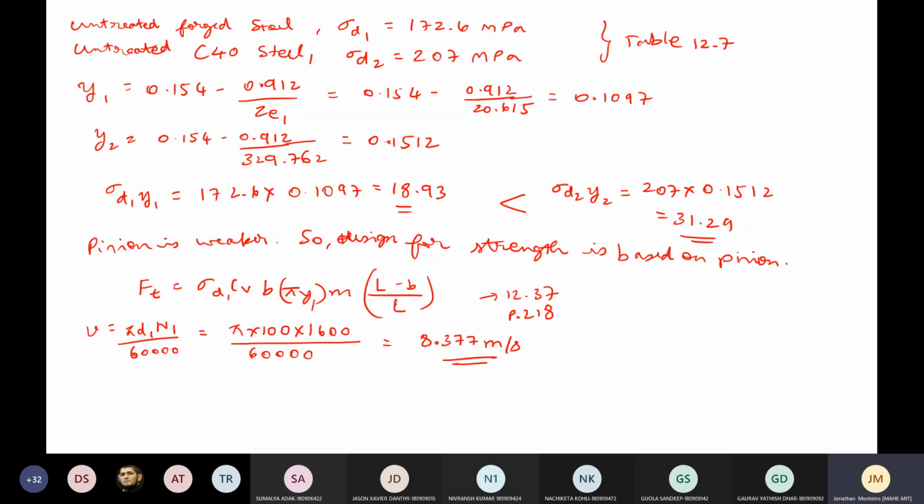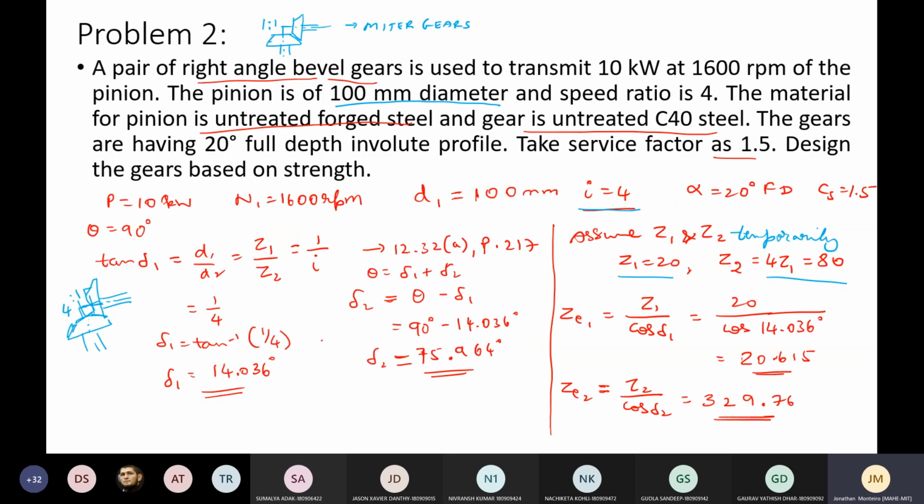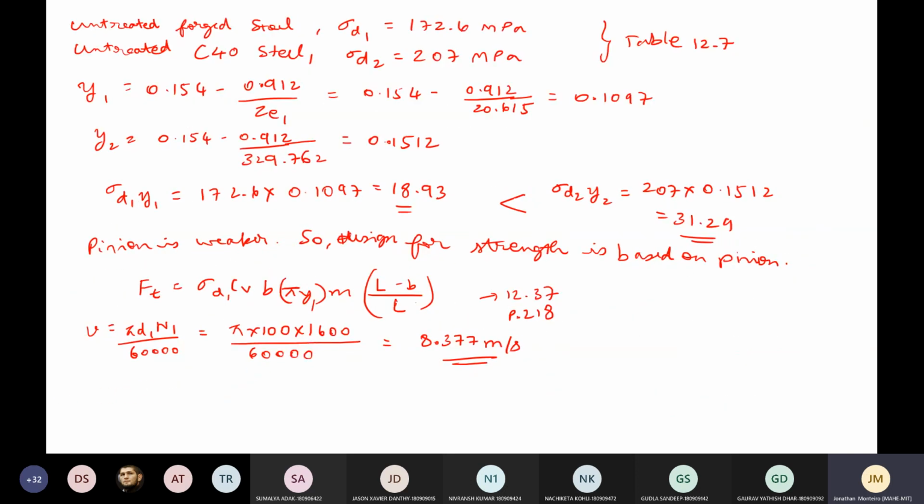Based on velocity, you can find CV. Since nothing is mentioned in the problem about the type of the gear or the manufacturing process used to make the gear, we will assume form cutters.